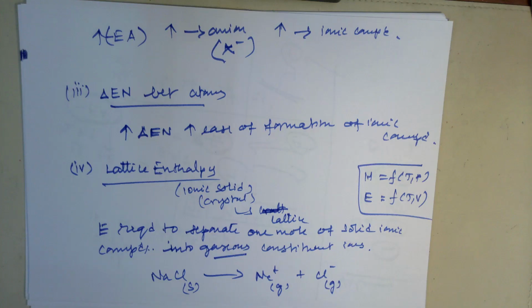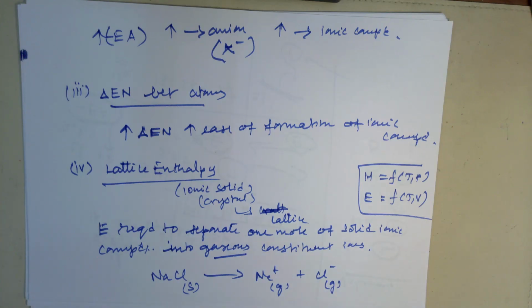Is it possible to form a Na plus and a Cl minus ion just by crushing the sodium chloride? For example, I would like to have this sodium cation and chloride anion. How can you isolate this? Can you crush it?